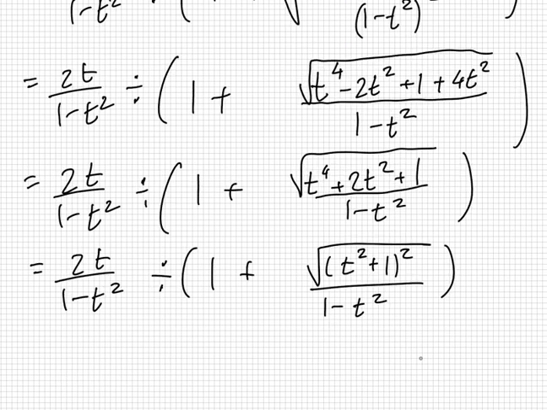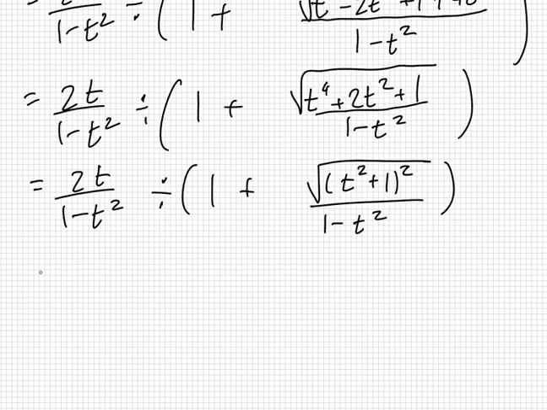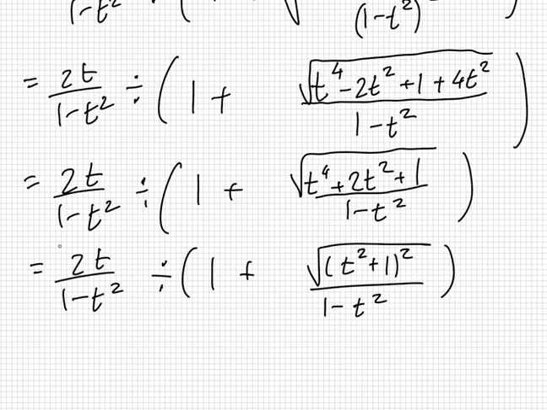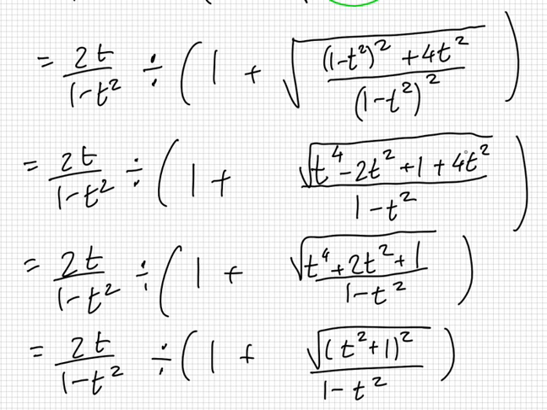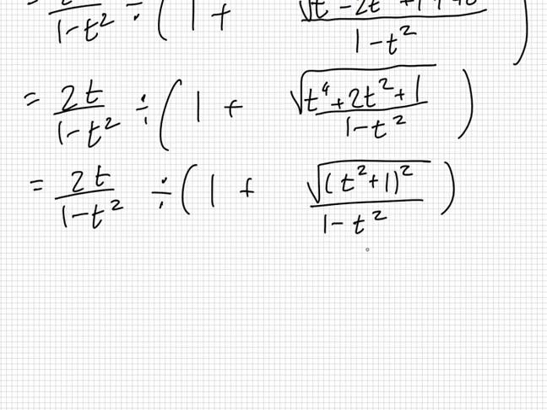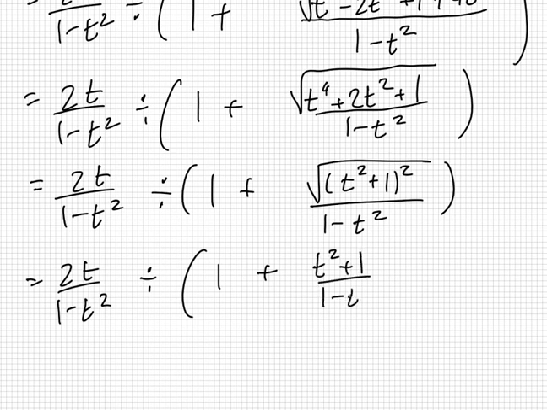So the square root and the square cancel, yes? This and this go together to make this. 2t over 1 minus t squared divided by 1 plus t squared plus 1 over 1 minus t squared.